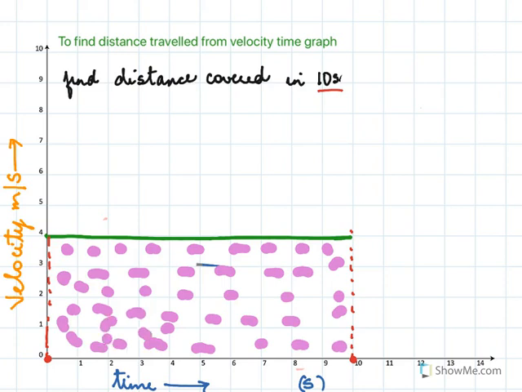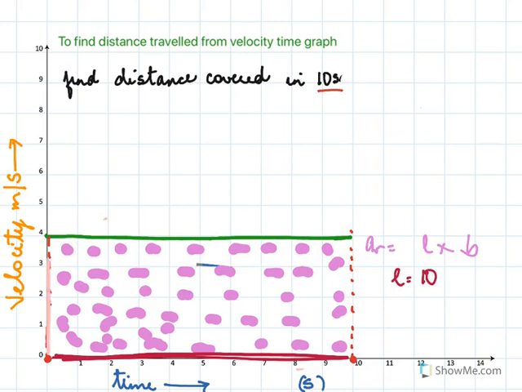To find this area, area is length into breadth. I take this whole thing as the length, and here the length will be 10, and I will take this as my breadth, and that will be 4. So the area in this case will be 10 into 4, and that is 40.